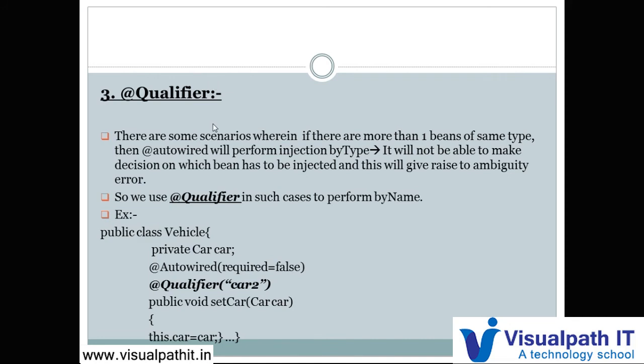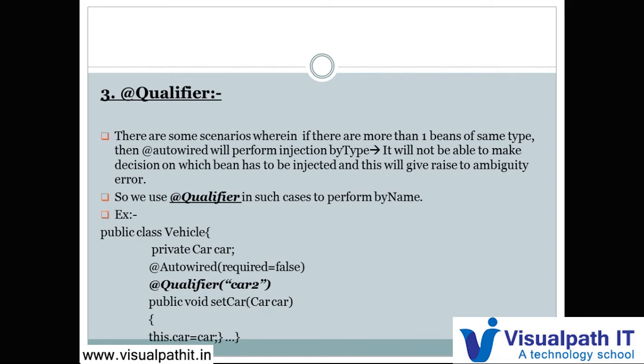To resolve this, we need to perform injection by name, the particular name of the class we are defining here. For example, we have this public class Vehicle, in which this is a field, and this is @Autowired(required = false). This is @Qualifier("car2"). This specifies which particular type it belongs to.